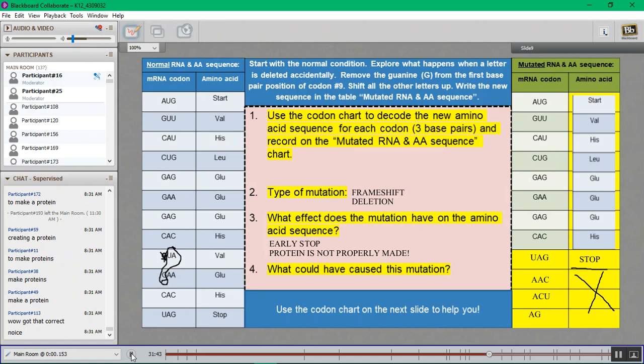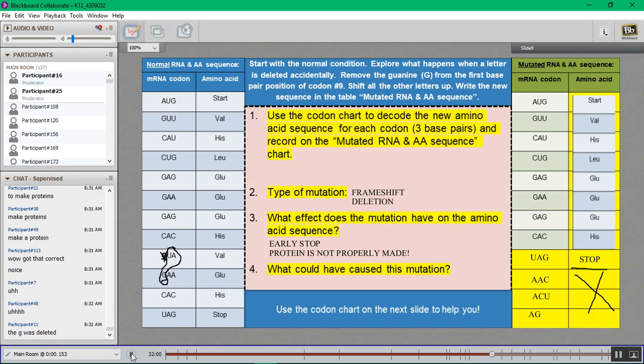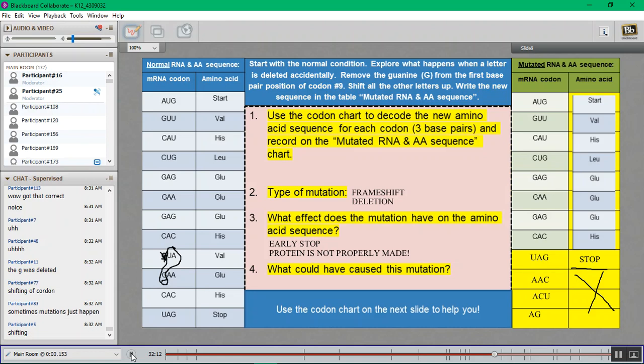Okay, so what do you think could have caused this mutation? What could be a cause of this mutation occurring? I like what Lauren said.